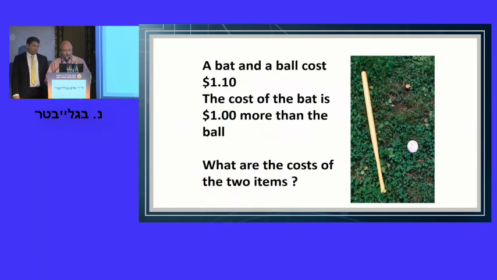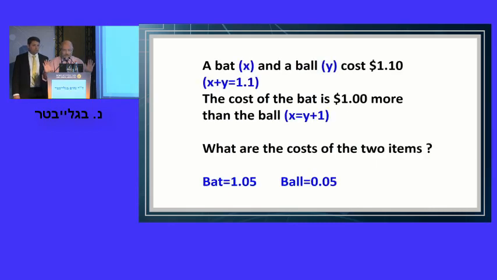Another example, a bat and a ball. The bat and the ball together cost $1.10. The bat costs $1 more than the ball. So what is the cost of the two items? Think about it a little bit, and the answer which most of us will give is the bat is $1, the ball is 10 cents. That's not the case.